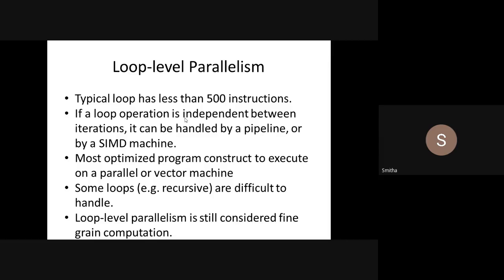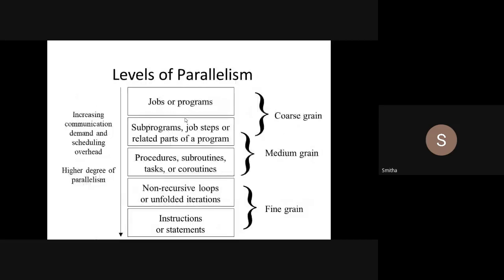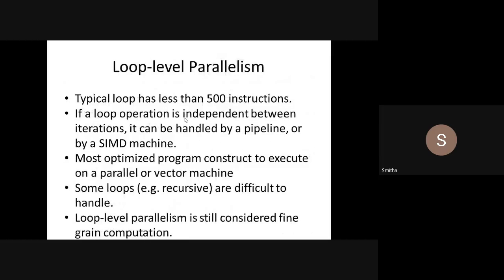But it is still fine grain only. As in this figure, you can understand that loop parallelism also comes under fine grain. Under fine grain we can have two levels of parallelism, that's it. Now if a loop operation is independent between iterations, it can be handled by a pipeline or by SIMD machines.